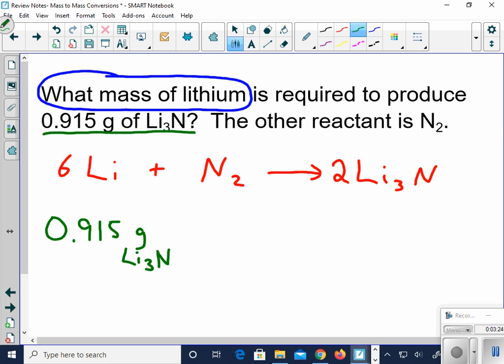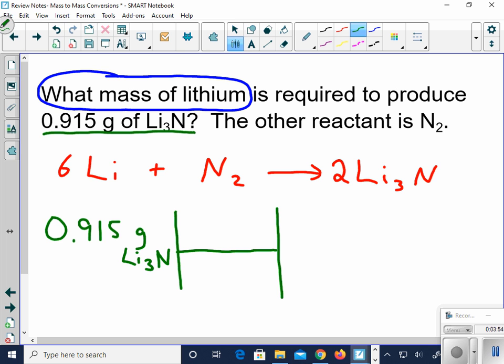Now, ladies and gentlemen, that is a flux capacitor step. It has nothing to do with the balanced chemical equation. That is the next step. So for this step right here, I'm going to set up a conversion box, and I'm going to convert this into moles.